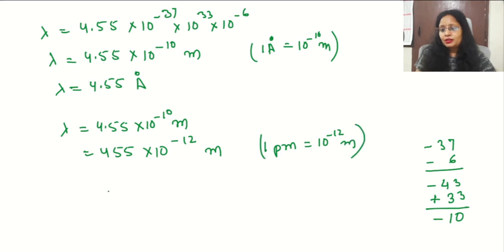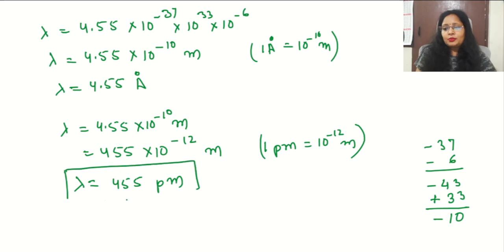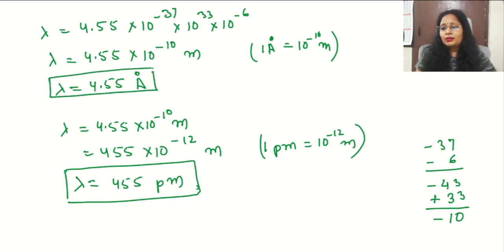So we can write 455 picometer. This is also one of the answers. It is up to you which unit you want to use, in terms of picometer, angstrom, or meter. All three answers are the same and correct.